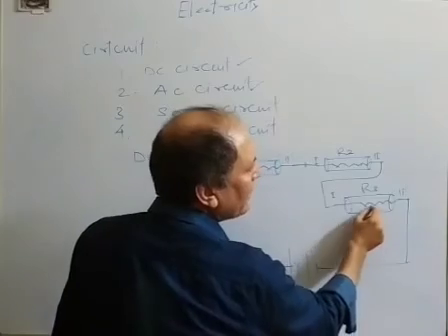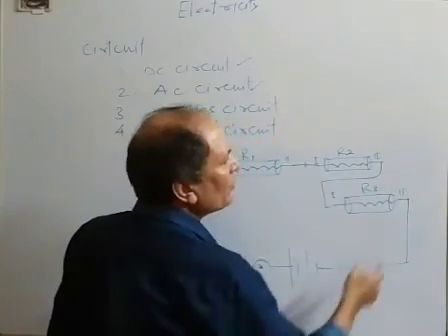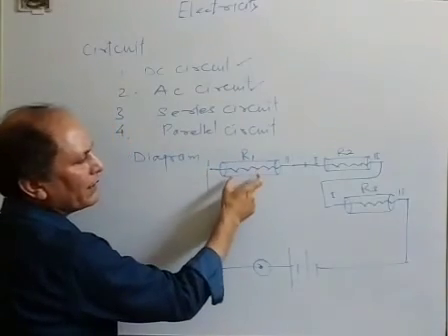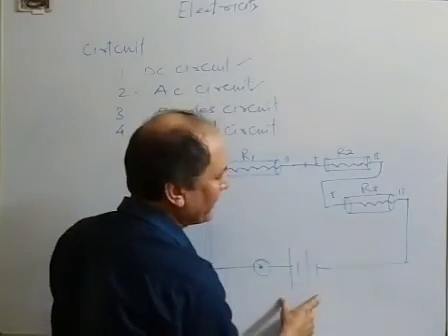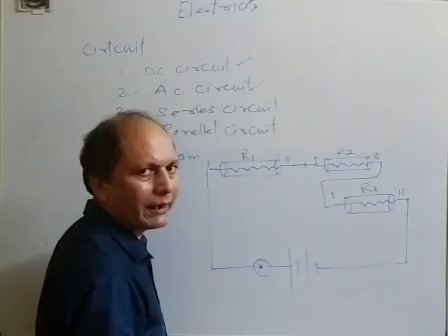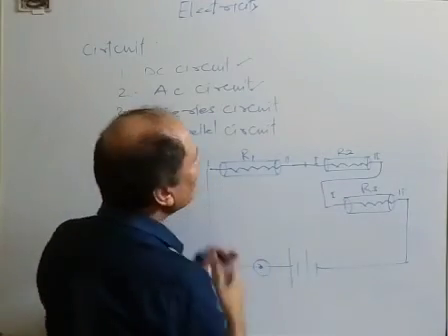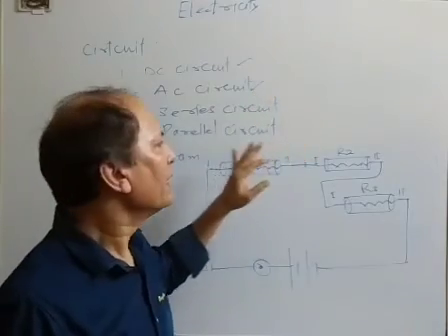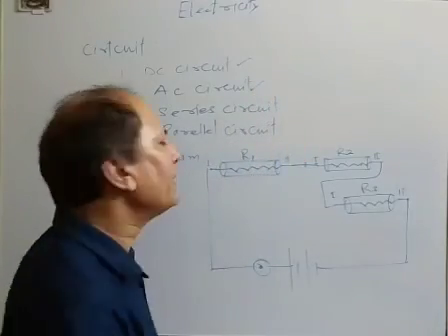So it means third will be the last resistor. So second terminal of last resistor and first terminal of first resistor are connected with electric source. Such type of circuit is known as series circuit.